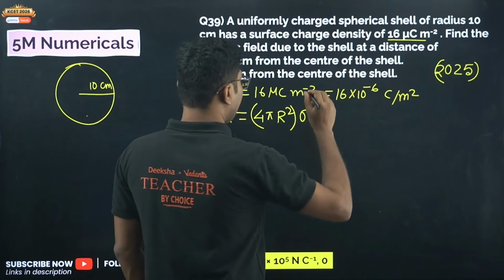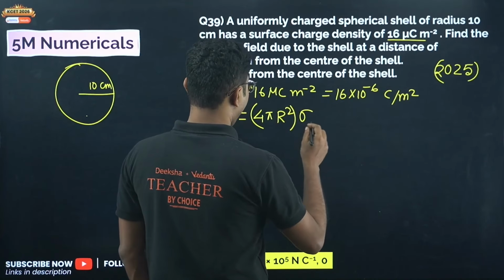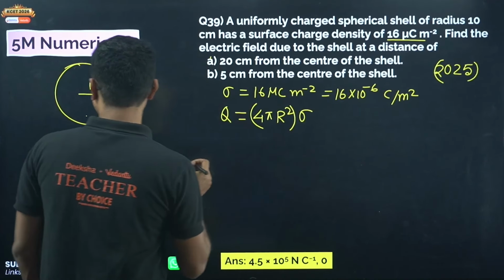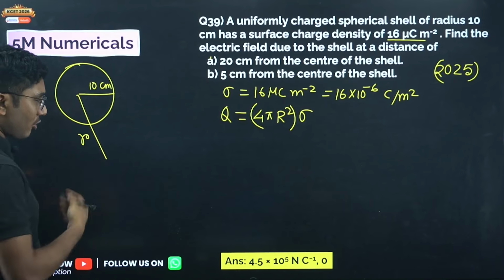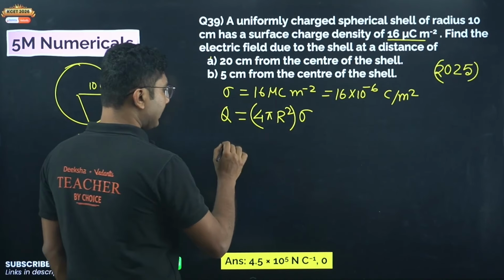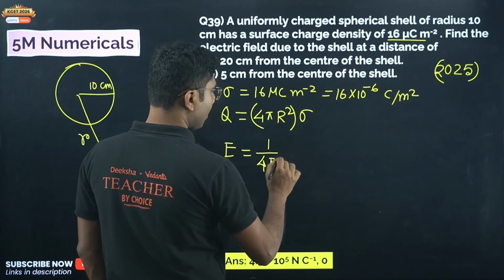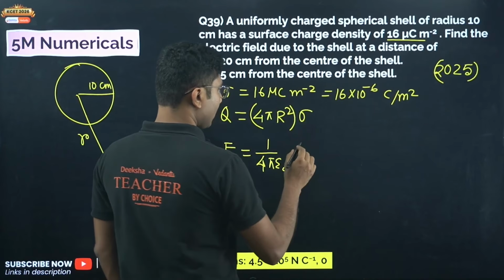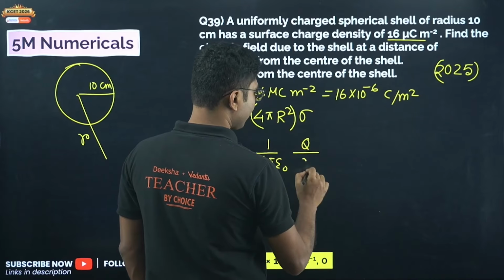Now, we know that the electric field outside a shell at a distance, say small r, is given by 1 by 4 pi epsilon naught, q by r square.